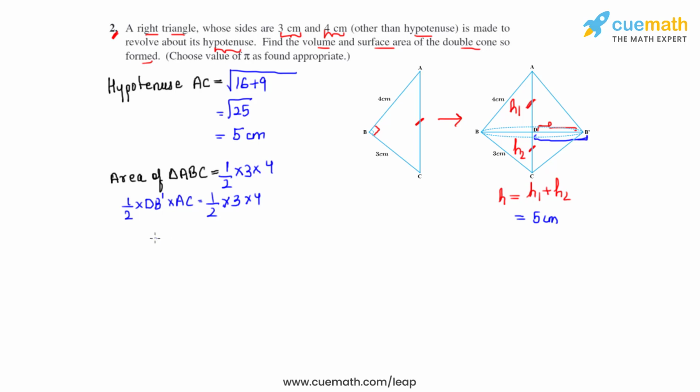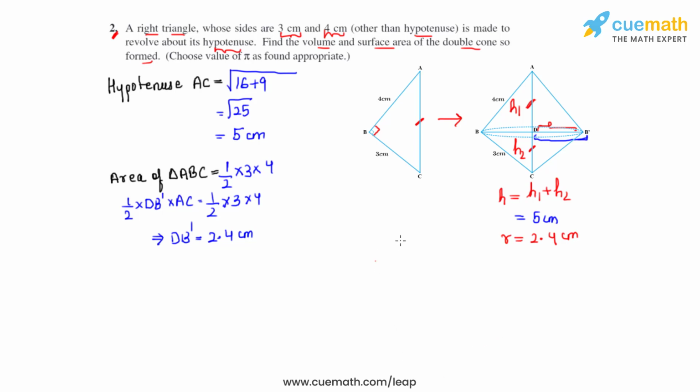And on calculation, we'll get the value of DB dash to be equal to 2.4 centimeters. So basically what we have found out now is the common radius for both the cones, which will be R equals 2.4 centimeters.